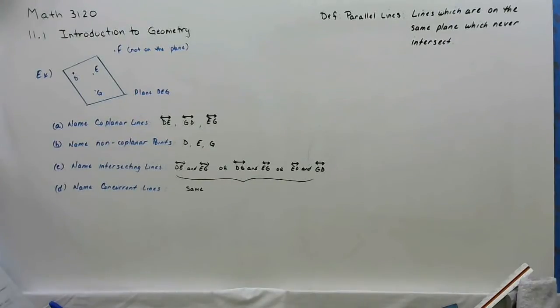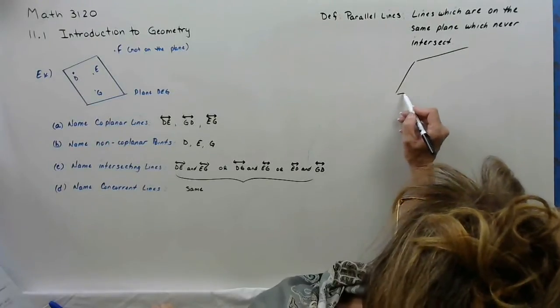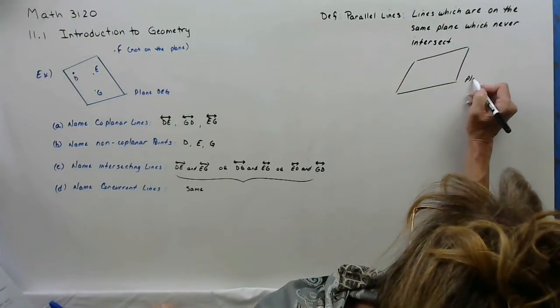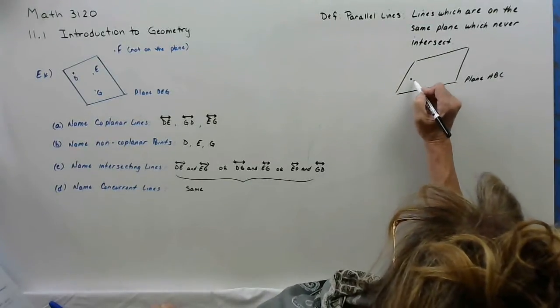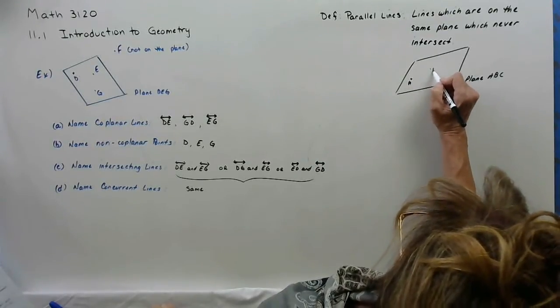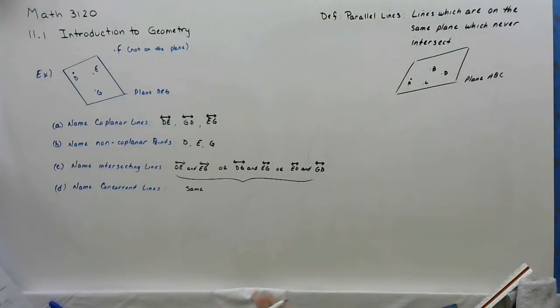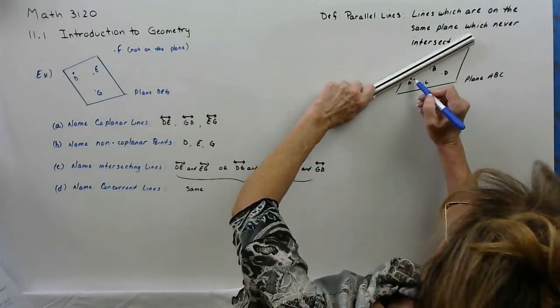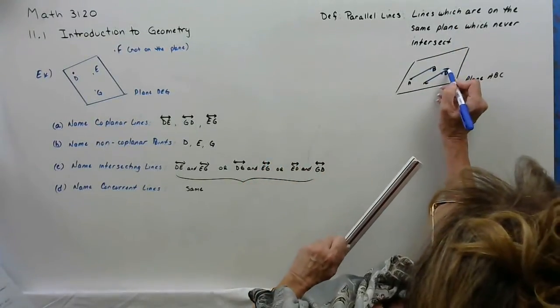And we have a symbol for parallel lines. I'm going to give you a plane right here. I'll call this plane ABC. So therefore, I'm going to give you points A, B, and C. But I'm going to give you point A, B, and I'm going to give you point C, D. And if these are parallel lines, then I can say, for example, AB is parallel to CD.